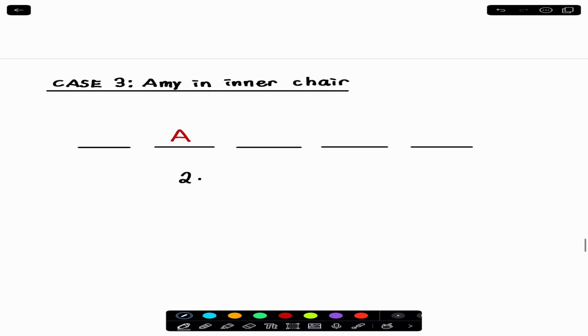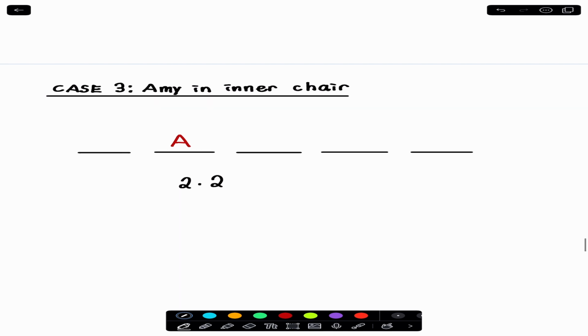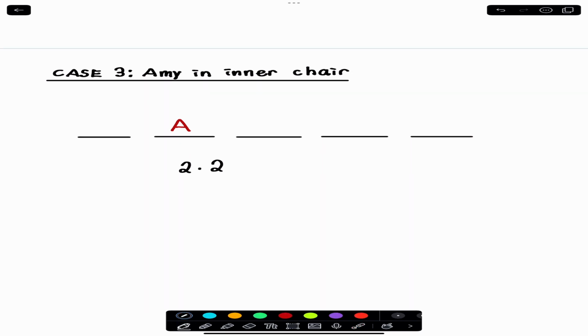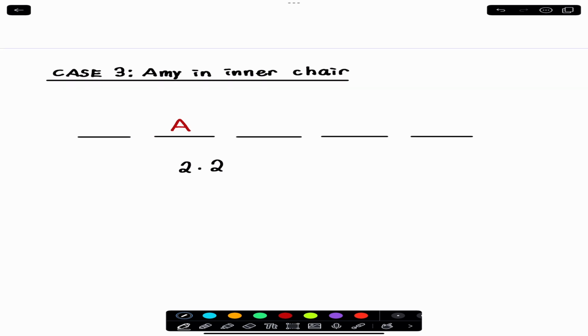And because she refuses, again, to sit next to either Beardo or Leonard, these 2 chairs must be Dave and Sky in some order. So whether it's Dave here, Sky here, or Sky here, Dave here, that's 2 ways. And then the last 2 seats have to be occupied by Beardo or Leonard in some order. So whether it's Beardo Leonard or Leonard Beardo, doesn't really matter. There are 2 ways for that.